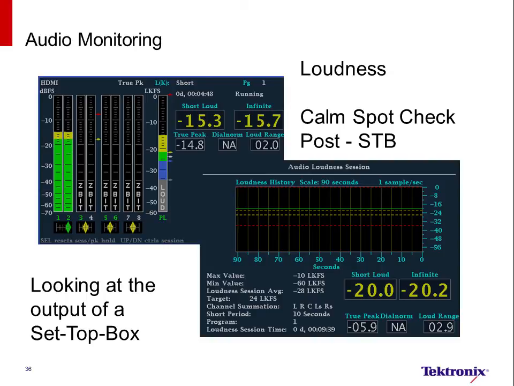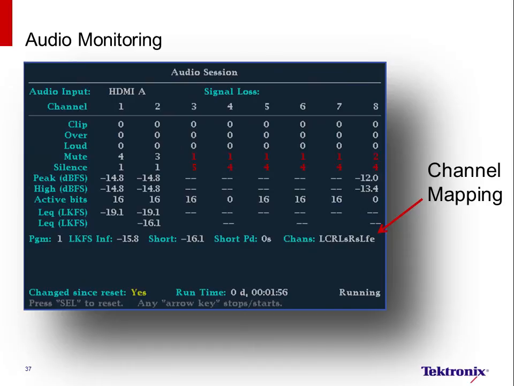So the set-top box is actually doing audio processing when it produces a linear PCM output. We can look at this decoded output and actually run up to 30 hours of loudness logging within the WFM 5250 product.